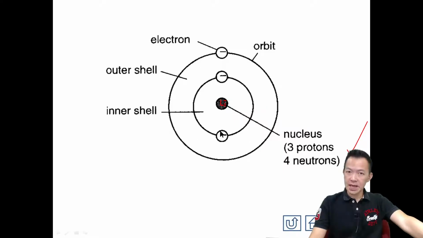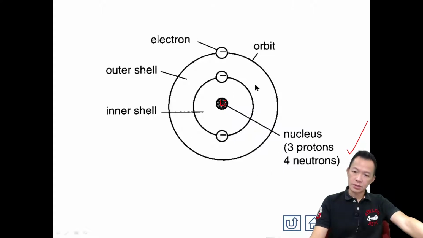The first electron shell can hold 2, the second electron shell holds another 1. So the electron arrangement is 2.1.